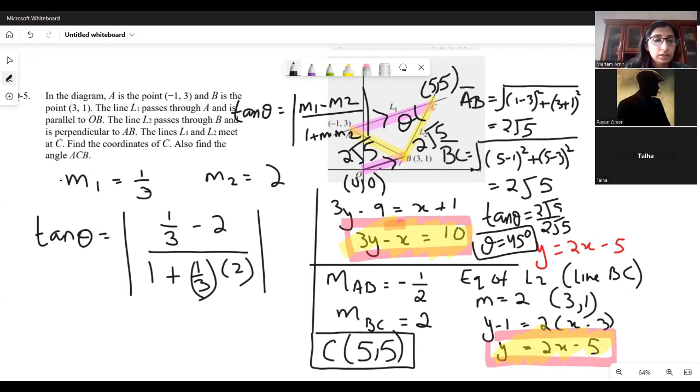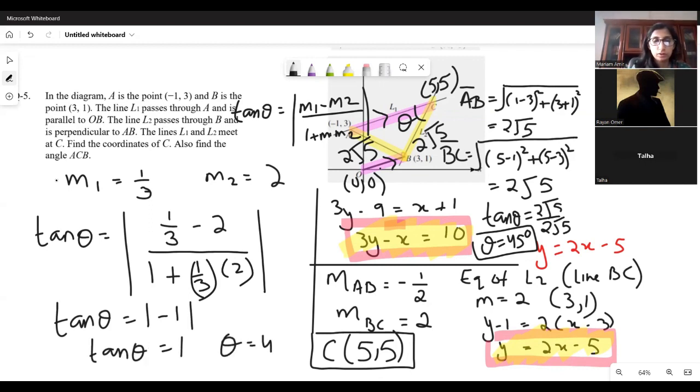I've entered everything in the calculator. That's giving me -1. Tan theta equals modulus of -1. Modulus means make it positive. Tan theta is equal to 1. So theta is equal to 45 degrees. Any questions?